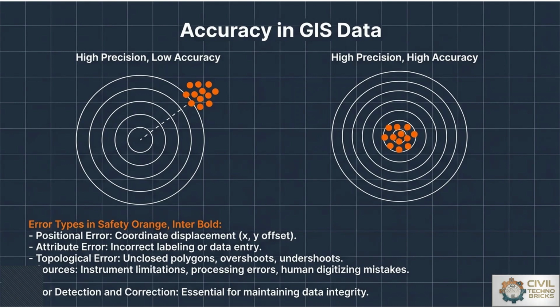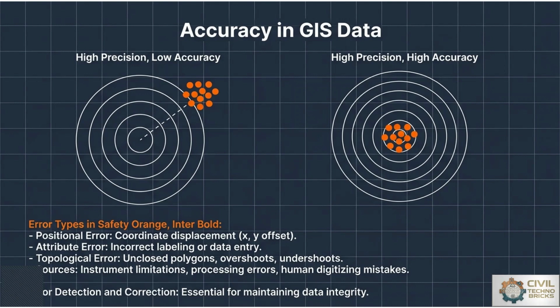Positional error is a coordinate displacement, a change in position of some meters or some kilometers, so coordinate displacement in XY offset. From the attribute point of view, attribute errors are incorrect labeling or incorrect data entry, which can be a manual error also. In topological error, there are unclosed polygons, overshoots, and undershoots. These are all parts of topological errors.